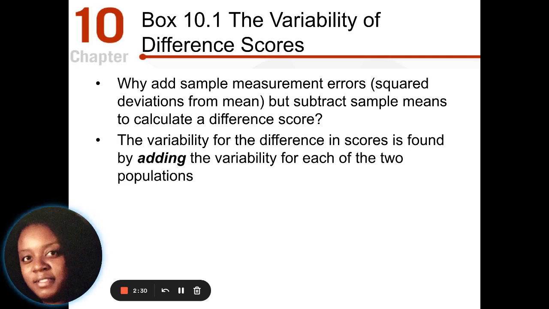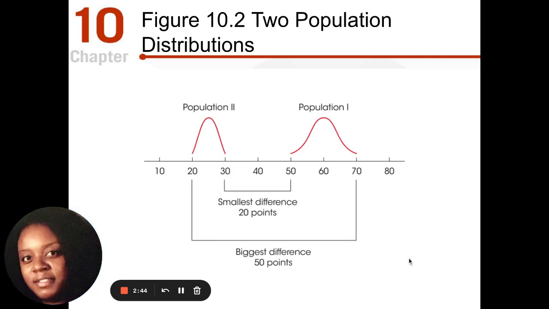Why would we add the sample measurement errors but subtract sample means to calculate a difference score? Because the variability for the difference in scores is found by adding the variability for each of the two populations. So here's a sample from 10.2 of two population distributions, and you can see their differences, 20 points and 50 points.